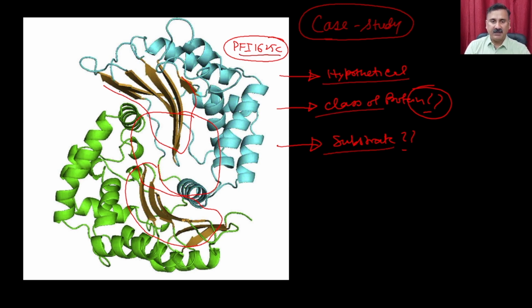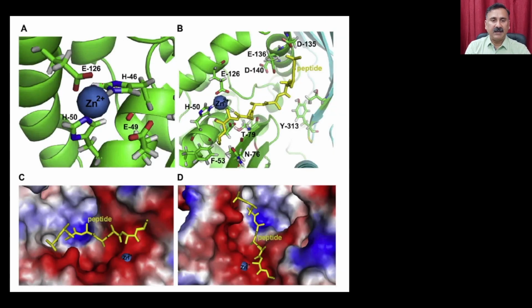So we did homology modeling and prepared a homology model, and based on this model we found that it has a protein-bound zinc, which means one piece of information is clear: it is a metalloprotein. So it is a metalloenzyme, because it has a metal.